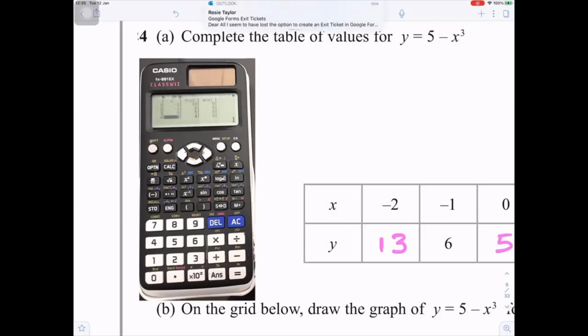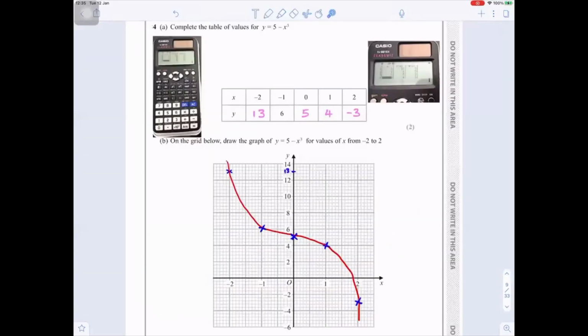Once you've done that with the calculator, you take the numbers and fill them in the table. So -2 will give you 13, 0 will give you 5, 1 will give you 4, 2 will give you -3. Very important to fill them in the correct boxes, because that's 2 marks in the exams. Make sure you write them in the correct boxes.